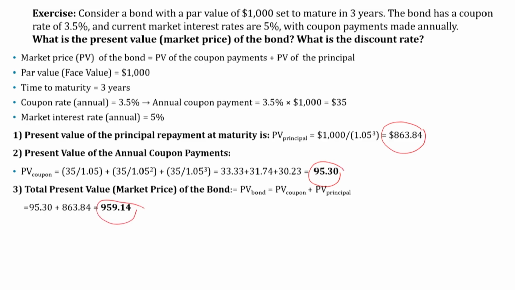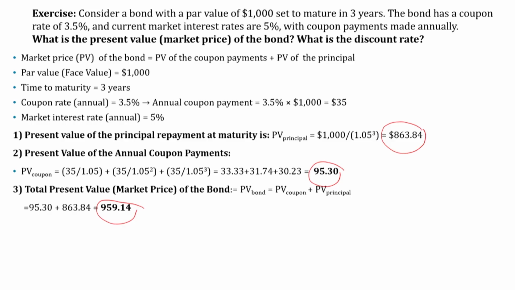So a bond which has a face value of 1000, that means after 3 years you are going to get 1000, and the coupon rate is 3.5%. That means every year you will get 3.5% as the coupon, that is 35 every year.